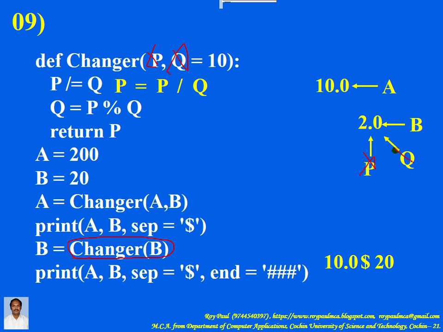So cancel P, cancel Q. Now here you get the last output, print A comma B. So A is 10.0, B is 2.0. Between the arguments, the separator comes. So here dollar sign will come and the ending character is triple hash. So the ending character will appear here. So when you run this program, this is the final output.